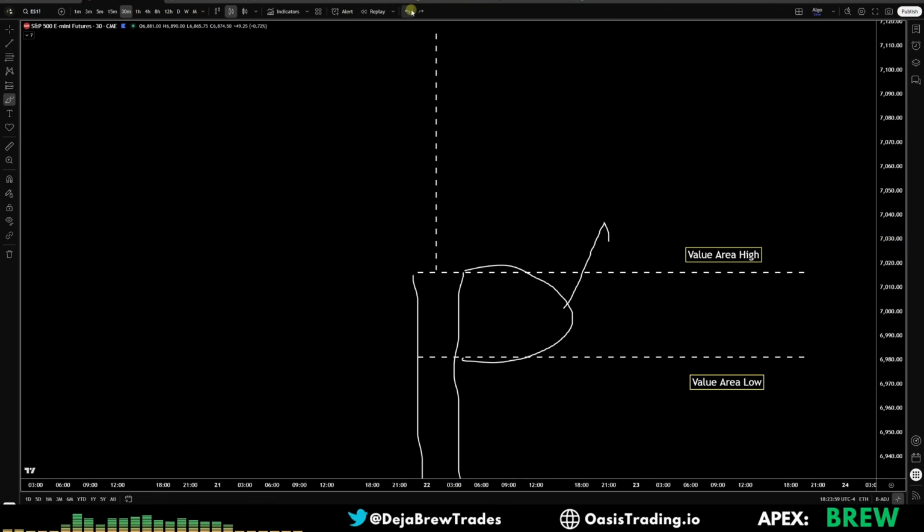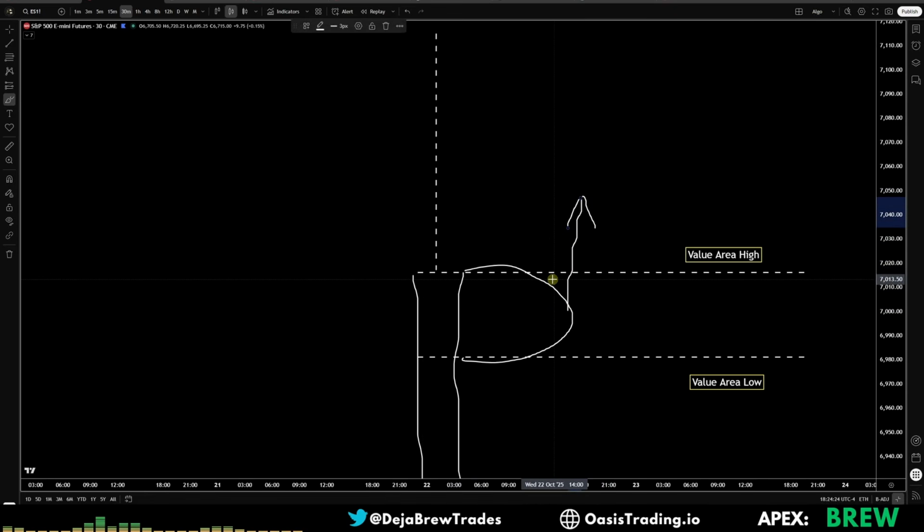There are two things I always look for when we are breaking out of value, when we are breaking out of balance. Balance is just ranging inside the value area, right? The two things I always look for are finding value and protecting that value. What do I mean by finding value? What do I mean by protecting value?